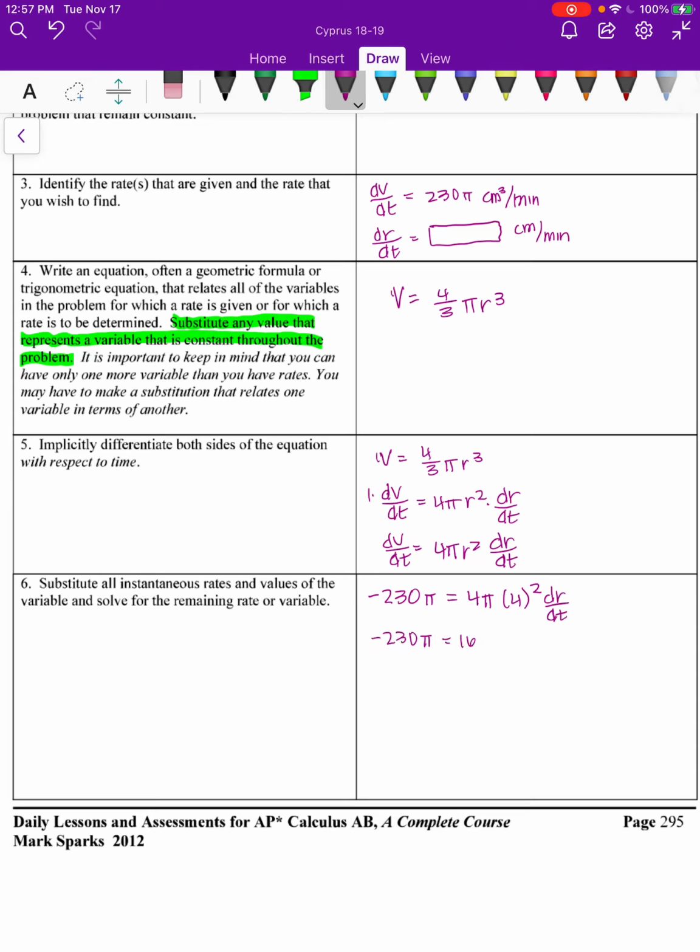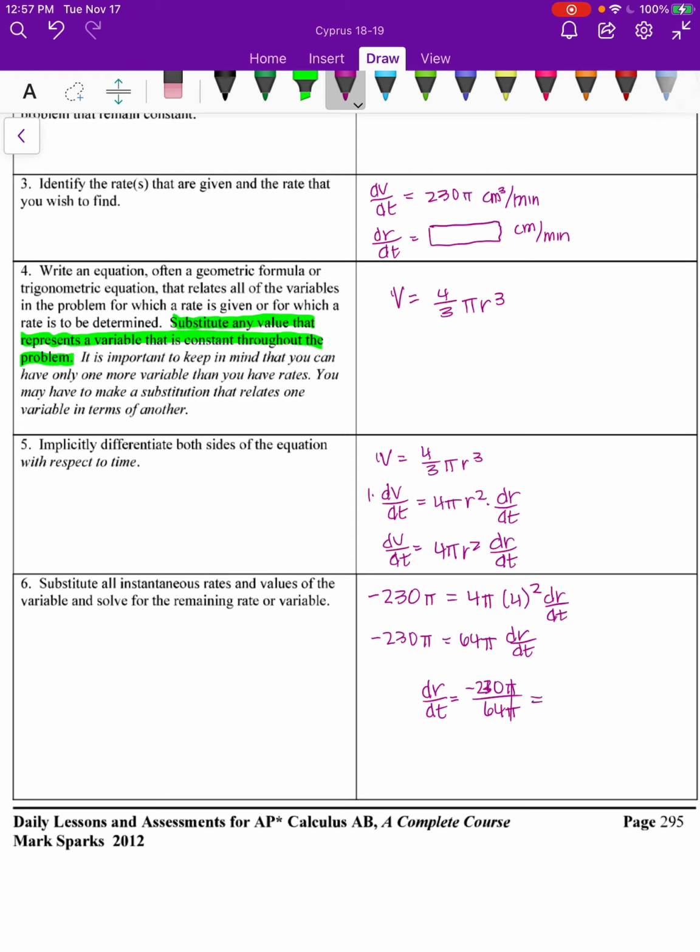So now I have negative 230 pi equals 16 times 4, which is 64 pi dr/dt. I want dr/dt by itself, so I'm going to divide everything by 64 pi. So I'm left with dr/dt equals negative 230 pi over 64 pi.